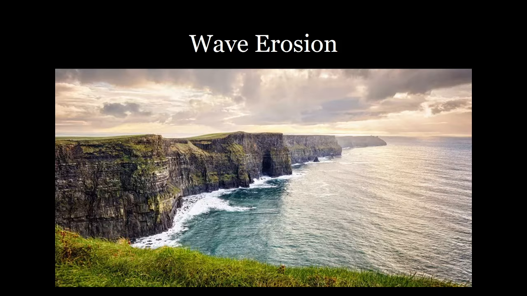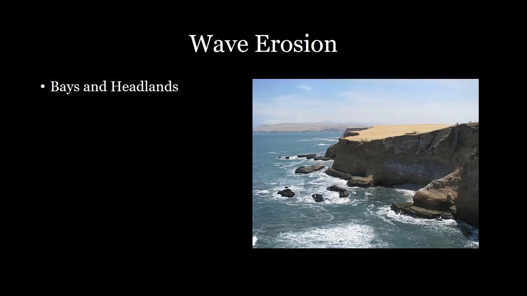So next we're going to talk about wave erosion. It's a major erosional factor for changing coastlines. And so a lot of times when you have a fairly sturdy sediment layer that forms your shoreline, you can have the formation of a bay and headland system. So this is when you have this steep headland wall that develops, as well as bay inlets in the other regions.